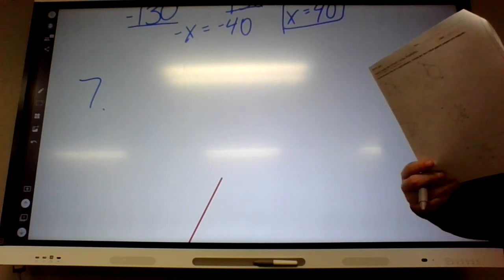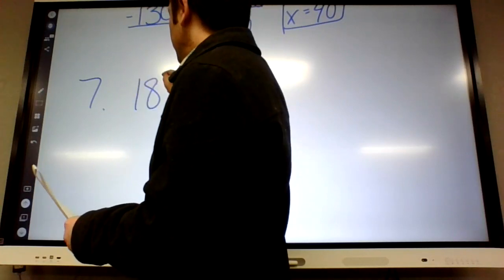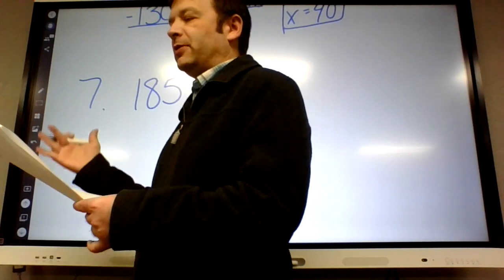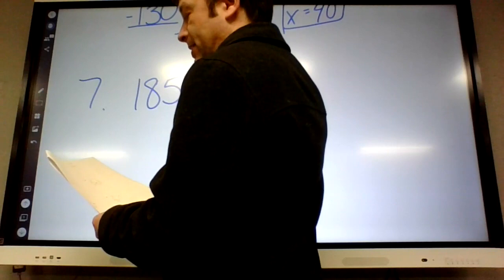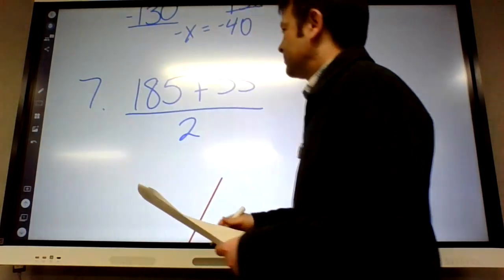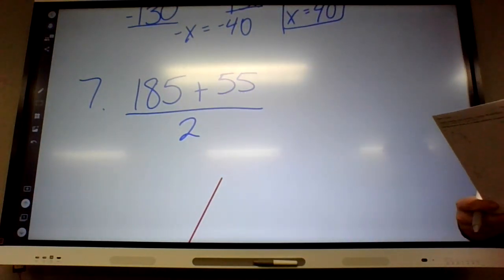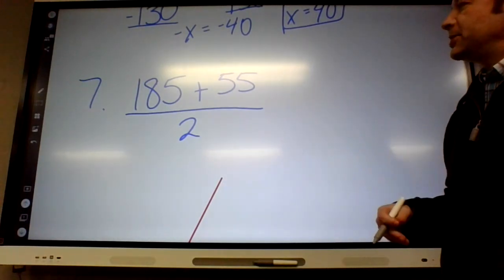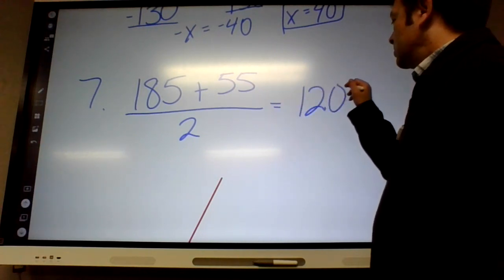So it's the 2 arcs that angle intercepts, the 185 and the backside 55. You add them together, divide by 2. It's kind of like the average. So that adds up to 240 divided by 2, 120.